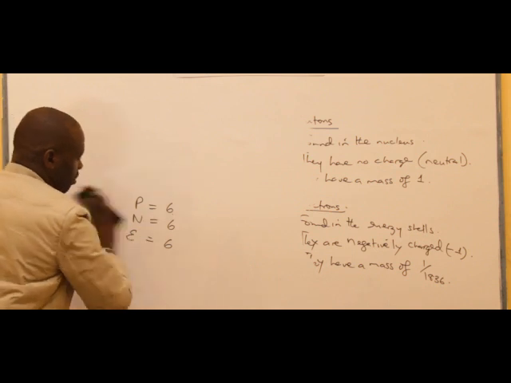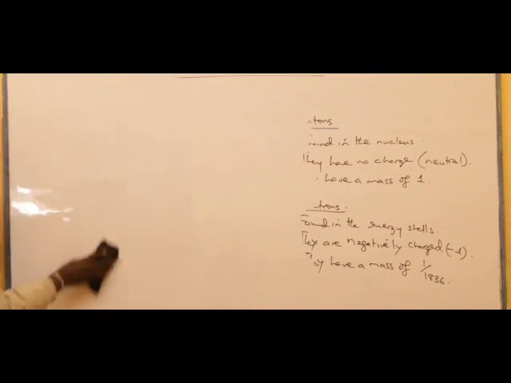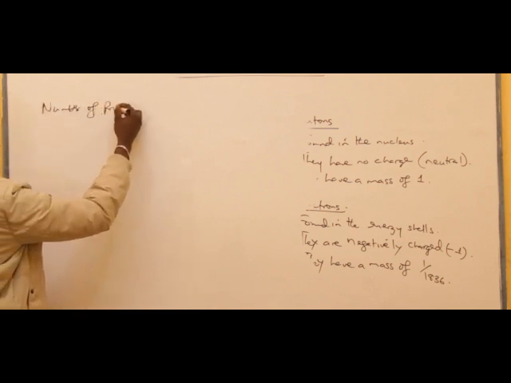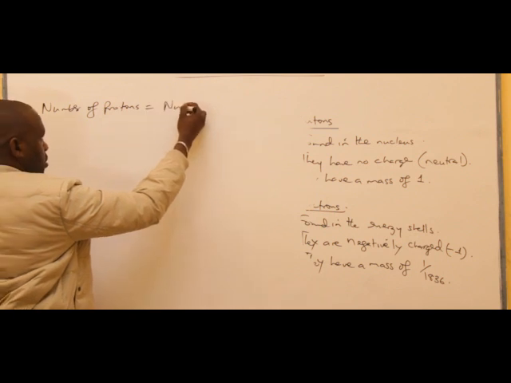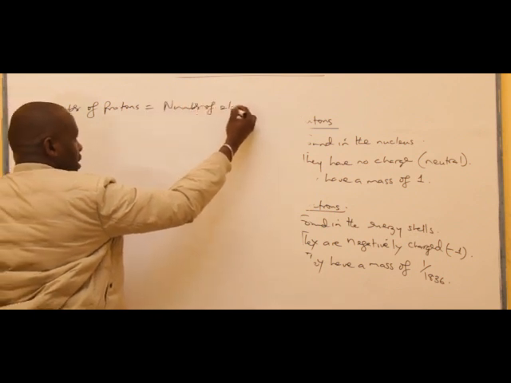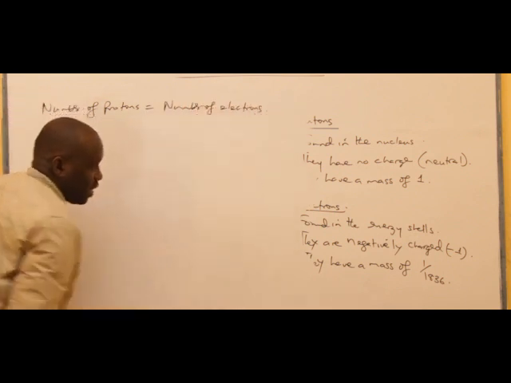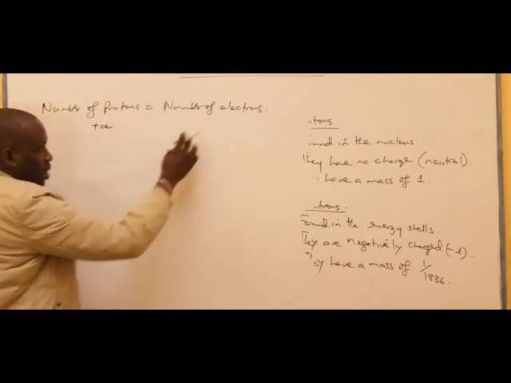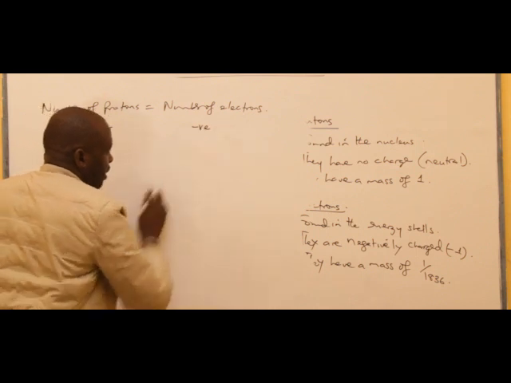Another thing that you need to understand is that the number of protons is equal to the number of electrons. We had said earlier that protons are positively charged and electrons are negatively charged.